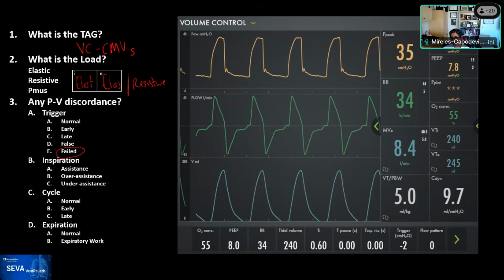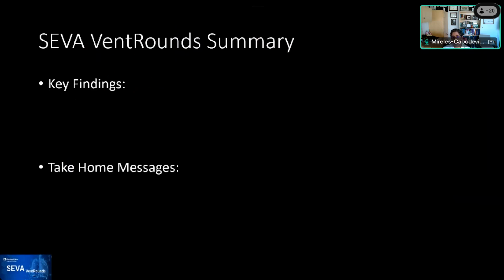You're speaking my T-shirt. An end inspiratory and an end expiratory pause should be recorded at every ventilator check because it has a lot of data. So I would just highlight that we saw a case of early trigger that was invisible to us unless you saw the flow waveform and looked at who triggered and whether there is PMUS or not.